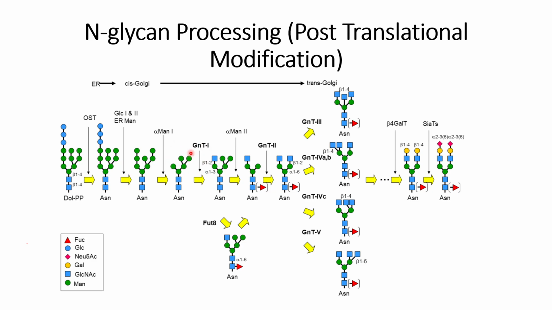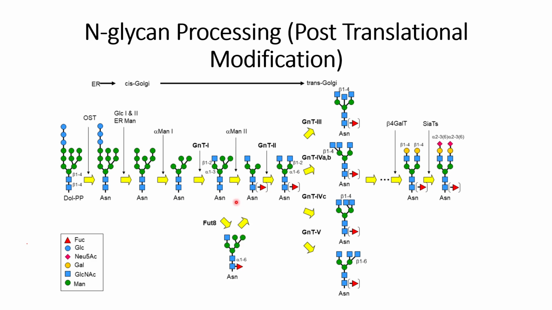And thereafter, this GNT1 enzyme will act, and it will lead to the formation of this beta 1,2 GlcNAc at this alpha 1,3 bond. And thereafter, the FUT8 enzyme will act, and it will lead to the formation of a fucose bond, not asparagine, at the first GlcNAc from the asparagine, forming a bond of alpha 1,6.